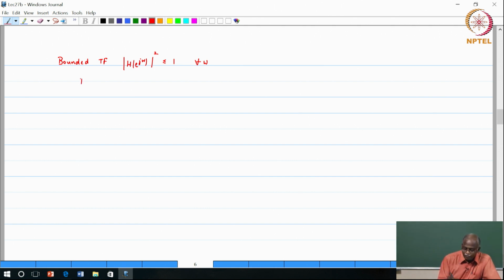Now, it becomes bounded real if all these coefficients, which are the impulse response, are elements of the real value set. Basically, you have those not as complex numbers, but as real valued.